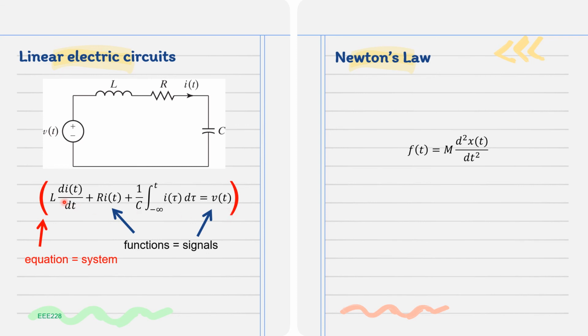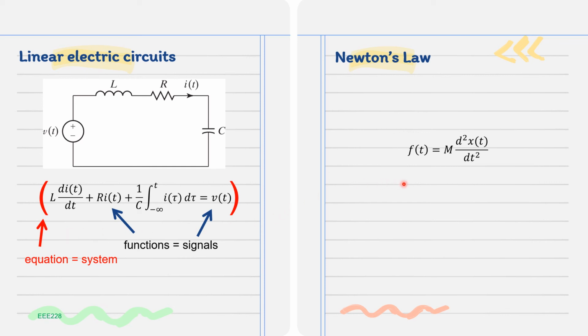Now if we put all these functions together, the whole mathematical equation is the system. So this LRC circuit is a system which consists of combinations of functions in a mathematical way, and it is a function of one independent variable, that is time.